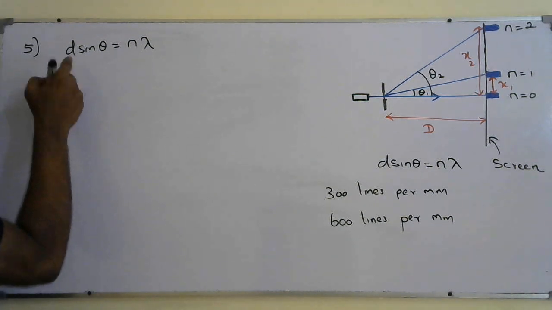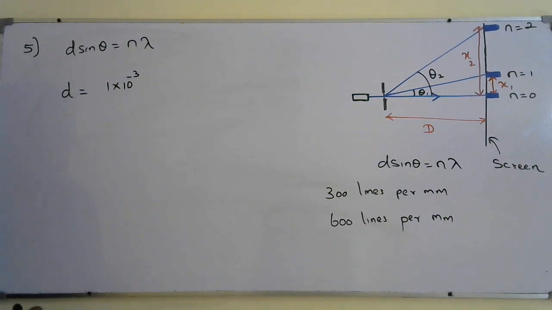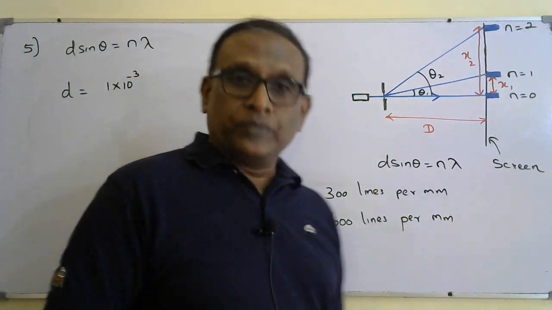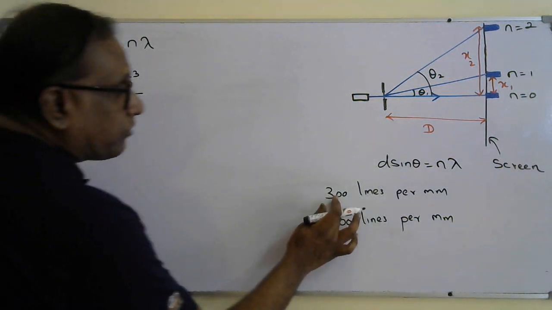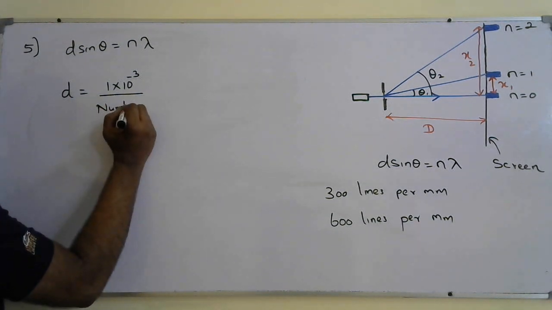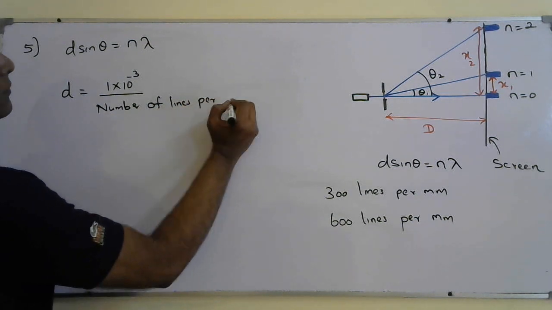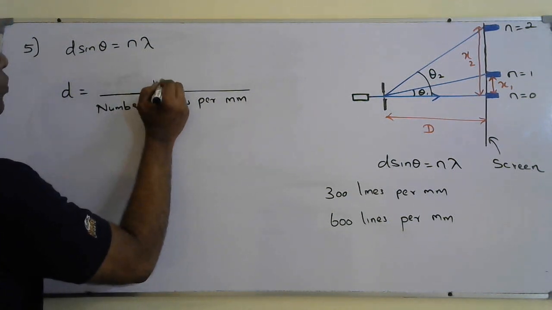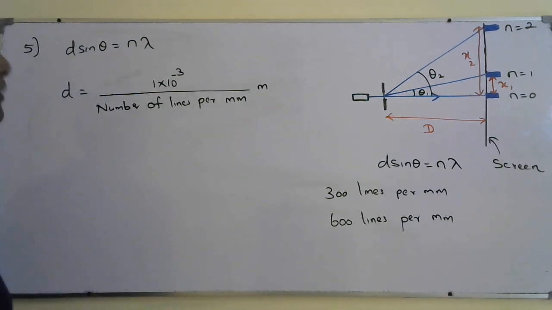So we find d. How do we find d? 1 times 10 to the power minus 3 if you are using d in meters, because this is given per millimeter, so we have to convert to meters. So d is 10 to the power minus 3 meter divided by the number of lines per millimeter.